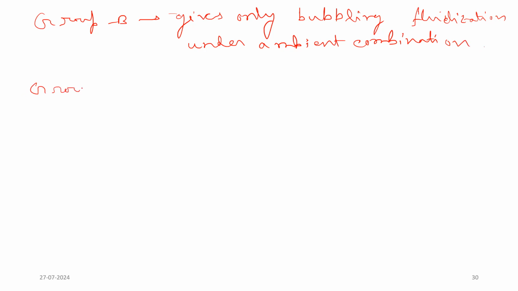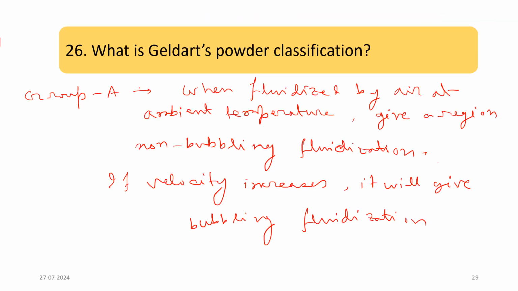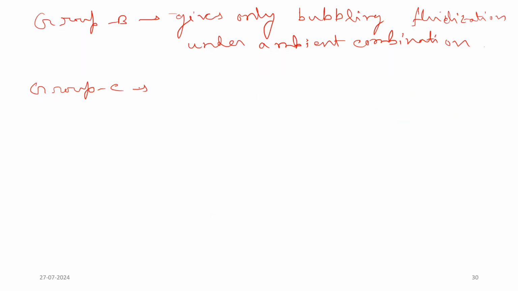So group A initially does not give any bubbles, but when we increase the velocity, it gives bubbles. But group B from the starting only gives the bubbles.